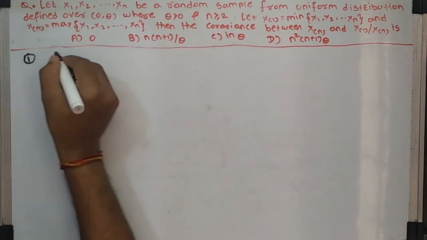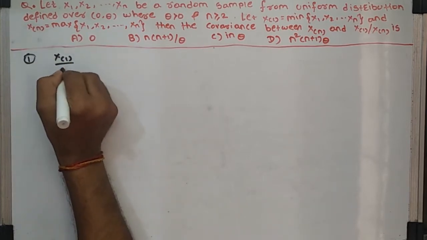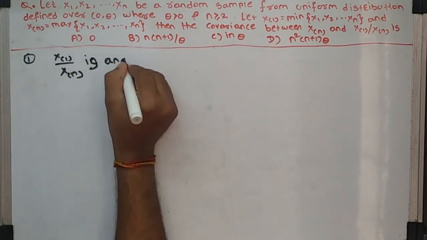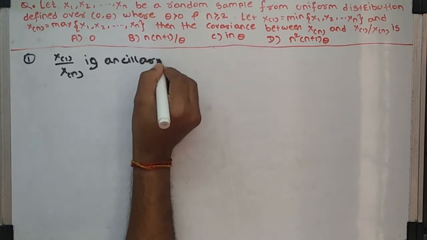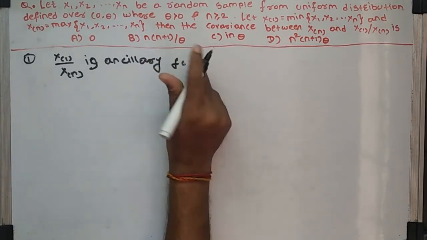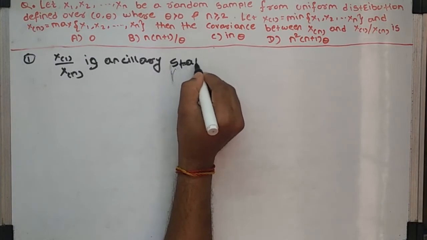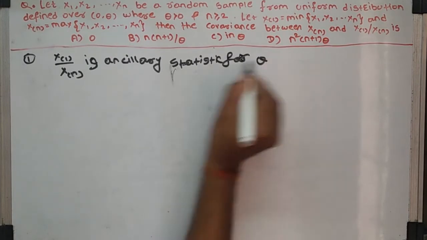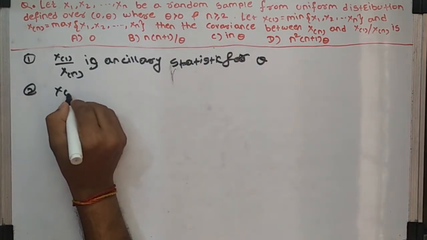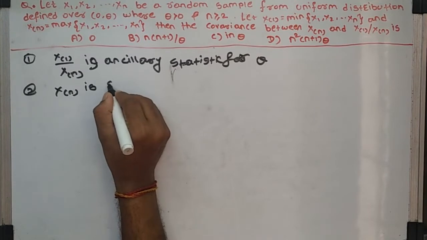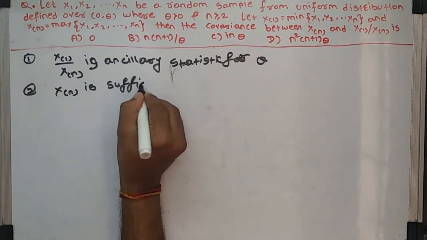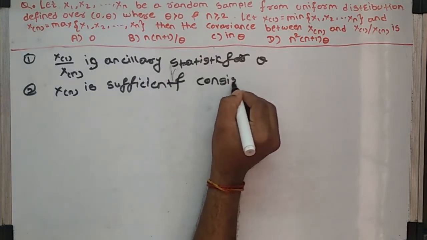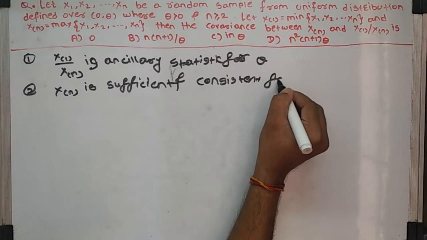So first we proved that X(1) upon X(n) is an ancillary statistic for θ. Also we know that X(n) is sufficient and consistent for θ.